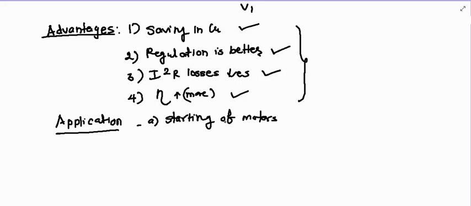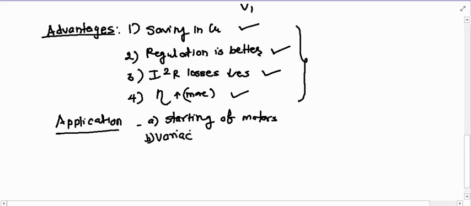It is also used as a variac, which is a very important application. An auto transformer can be used as a variac for getting continuously variable AC supply voltage. This is the most common application.